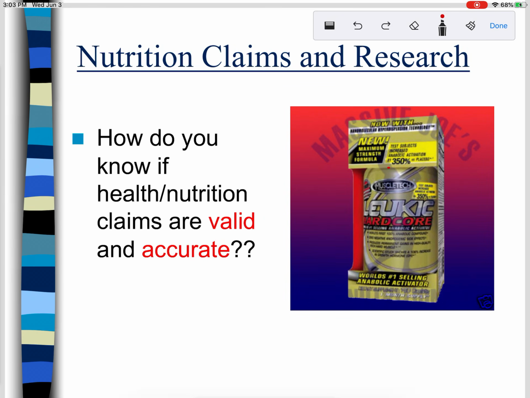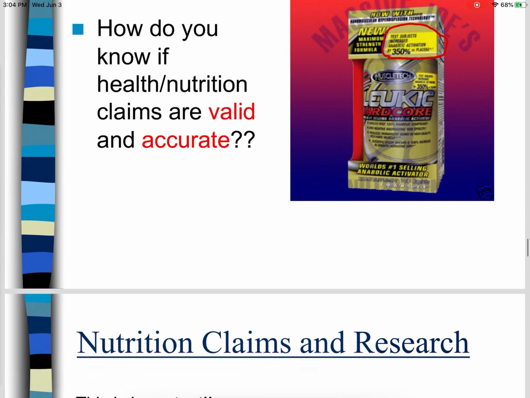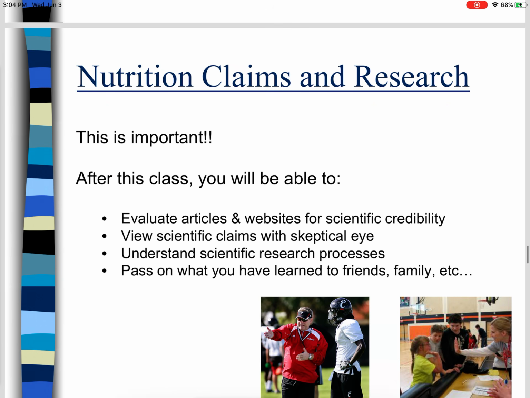World's number one selling anabolic activator. Look in the yellow here. Test subjects increased anabolic activation by 350%. Well, first of all, what the hell is anabolic activation? I've never heard of that, and I've been in this field for 20 years. So if you see something, maybe it's legitimate, maybe it's not, but what are the ways in which we can see if these claims are valid and accurate? This one is not, I can tell you.